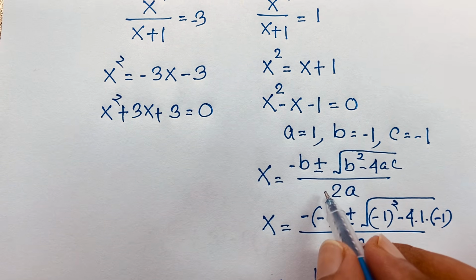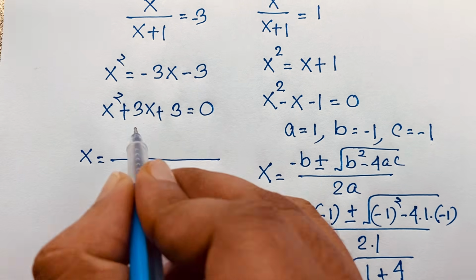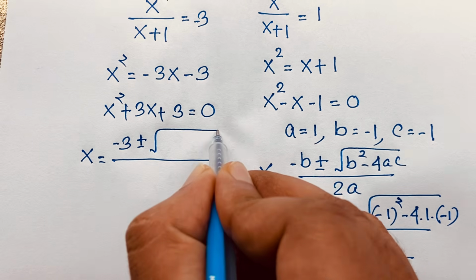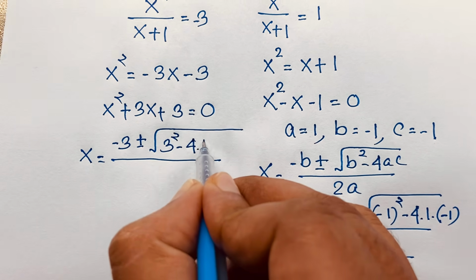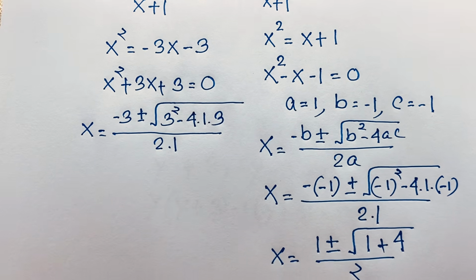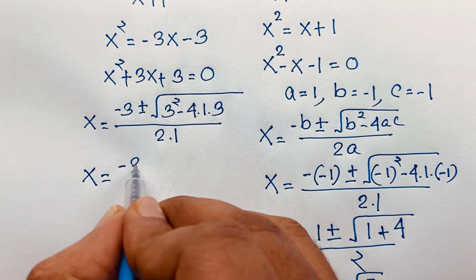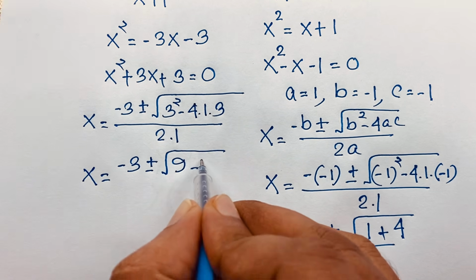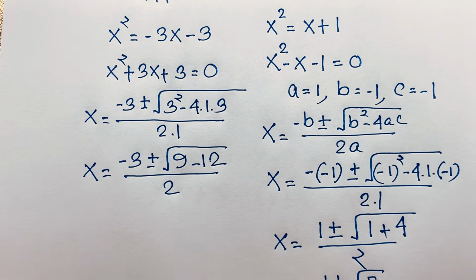Now if I apply this math formula here, x is equal to minus b, b is 3, plus minus square root of b square, 3 square minus 4ac, a is 1 and c is 3, over 2a, a is 1. Then x is equal to minus 3 plus minus square root of 9 minus 12, 4 times 3 is 12, over 2 times 1 it will be 2.